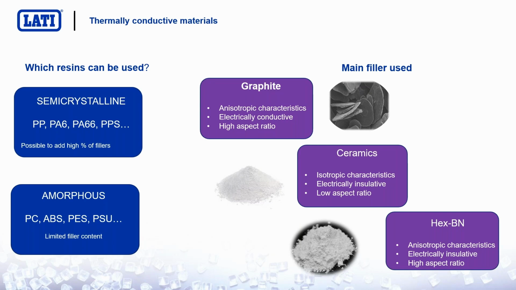This means that during molding there is not so much influence due to the orientation of the fillers. Boron nitride is something in between, in the sense that it's anisotropic like graphite, but it's electrically insulative like other ceramic fillers. And it also has a high aspect ratio.